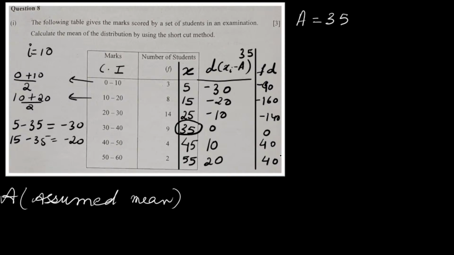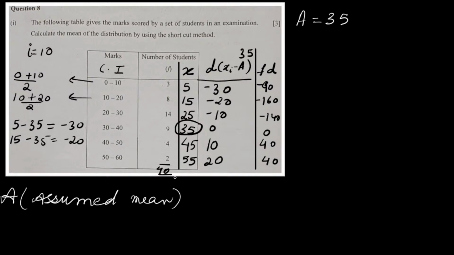So now we need two things. First of all, we need the total of frequency and total of fd. So what is the total of frequency? 3 plus 8 is 11. 11 plus 14 will be 25. 25 plus 9, 34. 38. 38 plus 2, 40.